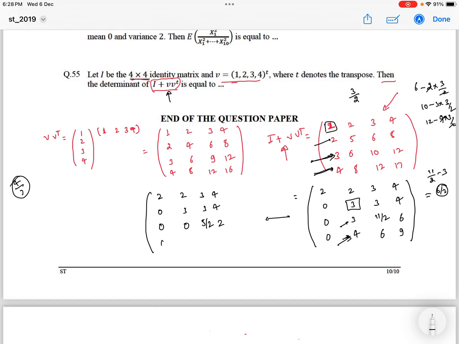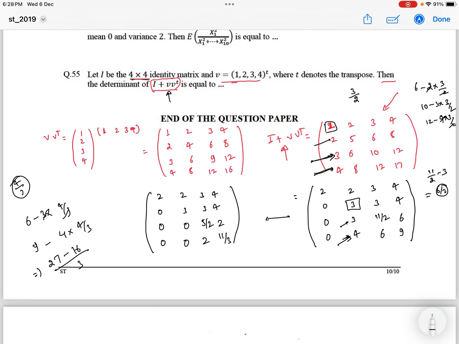Here we are going to have 0 anyhow, and here we will have 6 minus 3 into 4 by 3, so we will have 2, and now 9 minus 4 into 4 by 3, so 27 minus 16 divided by 3, so it will be 11 by 3. I hope I'm not making any mistake.